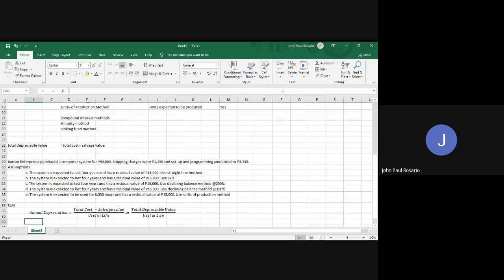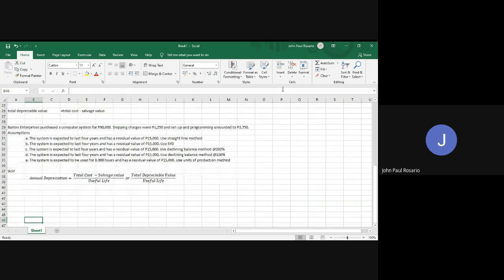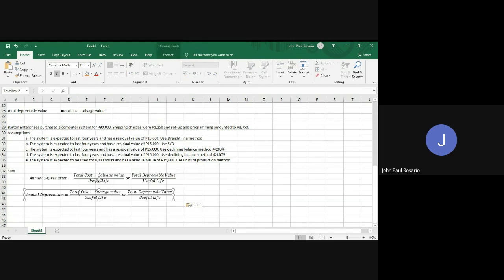So with that, for our straight line method, our annual depreciation would be our total cost. Let's solve muna for our total cost. Total cost is equal to our 90,000, and then we add our 1,250 because it's necessary.